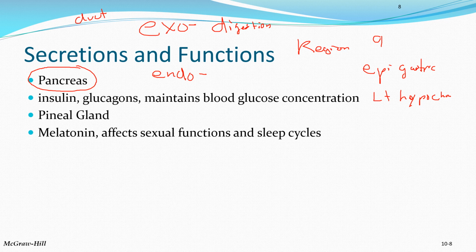Whereas endo, that's going to be for insulin and glucagon. That's going to regulate your sugar. Insulin tells your body to lower blood sugar. Glucagon tells your body to increase blood sugar. So they work together to balance out your blood sugar.